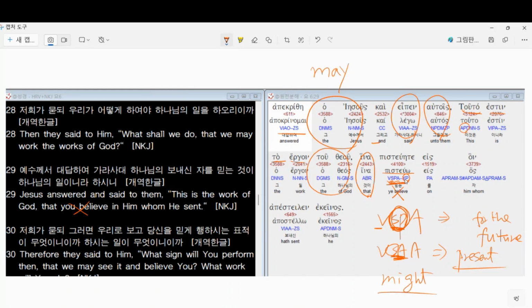So the correct translation is second person plural, "you may believe." It may or may not happen in the future.